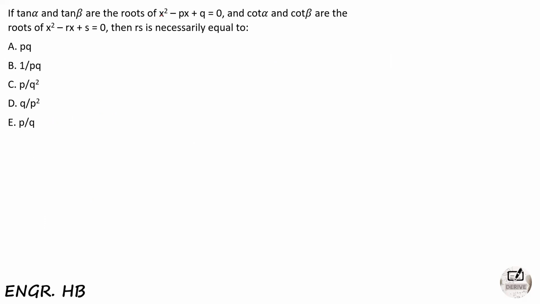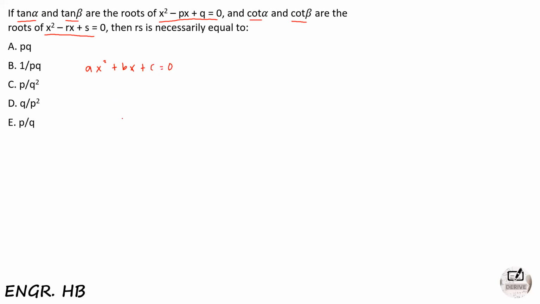We have two given quadratic equations, and each has given roots, two each. What I'm going to write first is the relationship of the roots and the equation. But first, let us write the general equation, which is ax squared plus bx plus c is equal to 0.